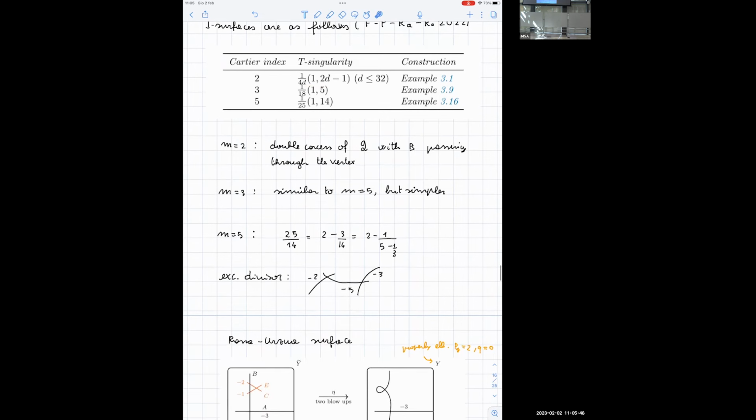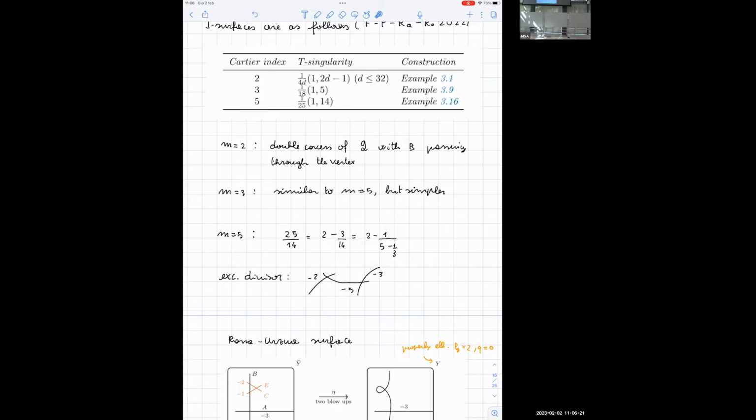You see why. So first, we want to construct a nice surface with a singularity of type 1 over 25, (1, 14). And so we have to look, as I explained, one possible way is to find a smooth surface with a certain configuration of rational curves that you can blow down to this singularity.